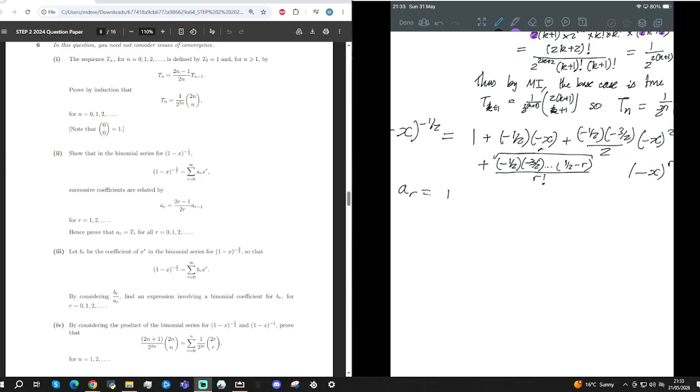So this really is 1 times 3 times 5, all the way up to 2r minus 1. So I've swapped all the signs, and I've pulled out a half from every single bracket. So I pulled out a 2 to the power of r, because I've got an r out of every bracket.